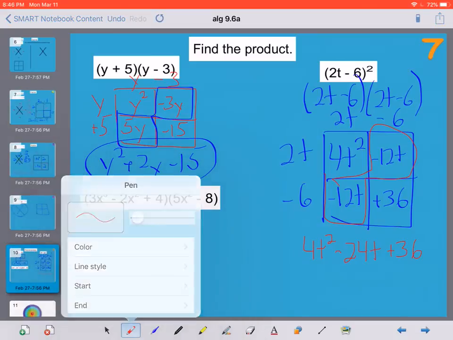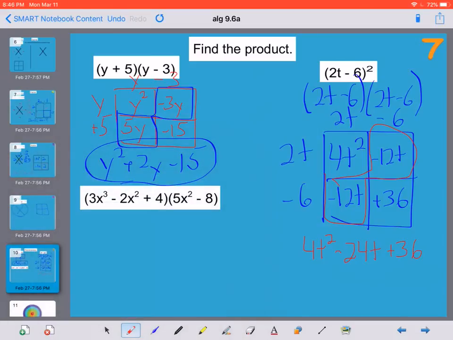Last one, I'm going to have to draw a big box here because we have 3 terms multiplied by 2 terms. So I'm going to draw a 2 by 3 box. So we'll have 5x squared minus 8 on the side here, because that's the 2 terms, and 3x cubed minus 2x squared plus 4. 5 times 3, that's 15.